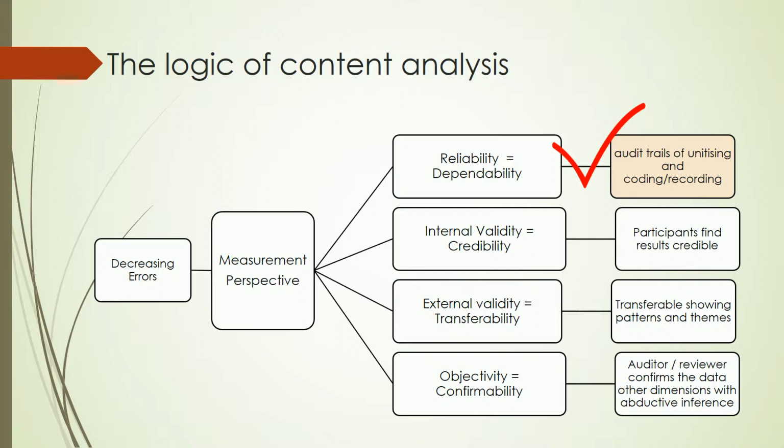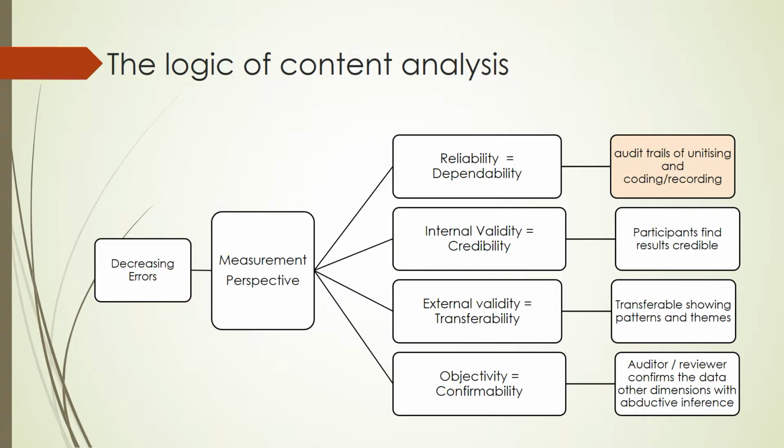Internal validity can be increased by ensuring participants find results credible. External validity or transferability can be ensured by looking at the patterns and themes and looking at whether such patterns and themes are transferable to other contexts.